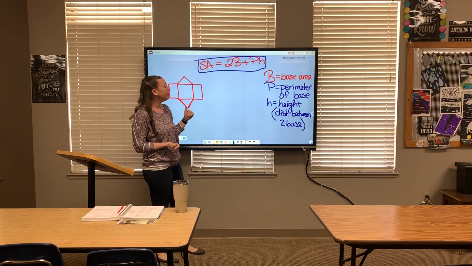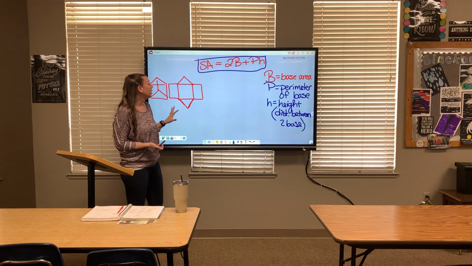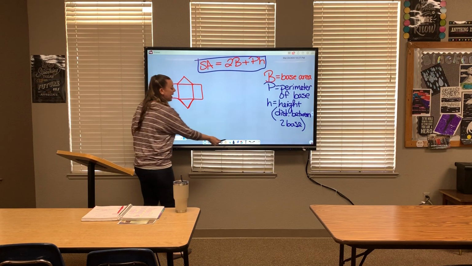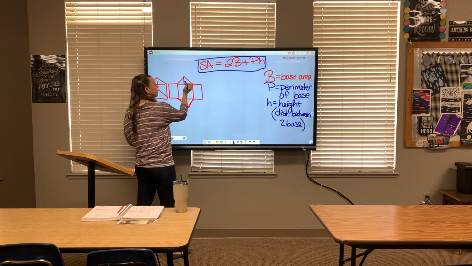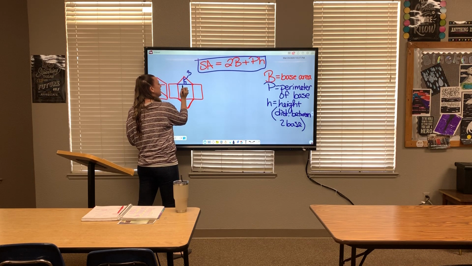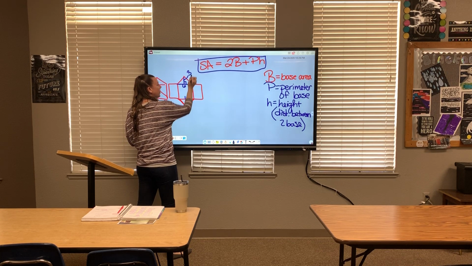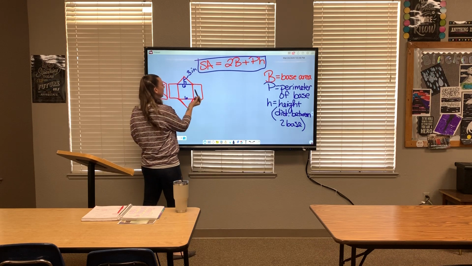If I'm working with your rectangle or your triangular prism right here, let's go ahead and do that. Let's say this right here, the height of this is 3. This is 6. We'll make them all inches just to help you out, okay?